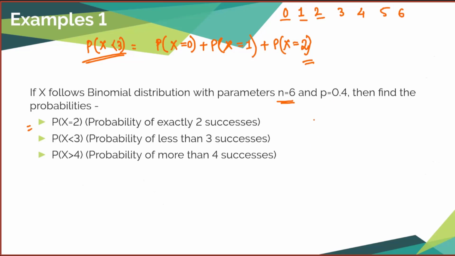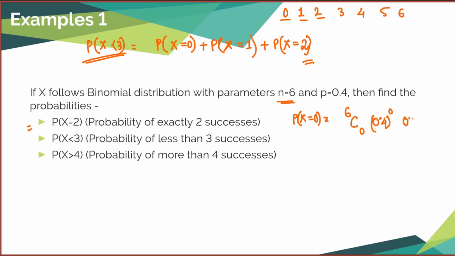So what will the probability of x equal to 0? Probability of x equal to 0 will be, what is n? N is 6. C, in this case x will be 0, so 6 C 0. P is 0.4 to the power x, so x is 0, right?